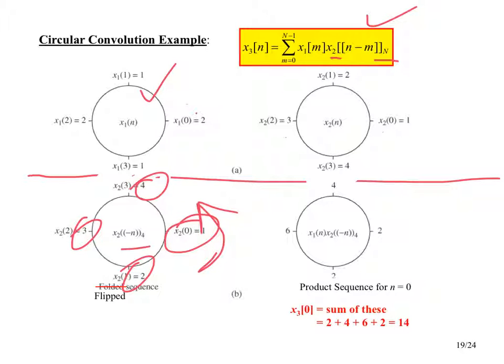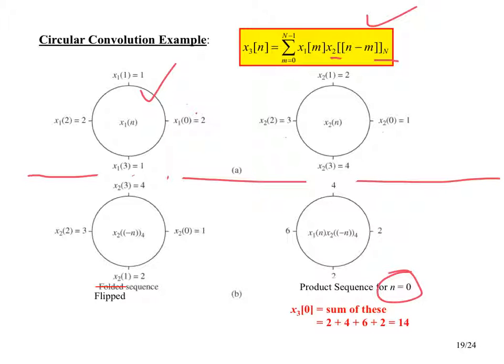And then, just like we have for regular convolution, we need to multiply these two things together for each different shift. So here's the flipped one, and we're going to look at the product for a shift of 0. I don't like what the book has done here. This really I would call x2 of minus m to match up with this minus m.